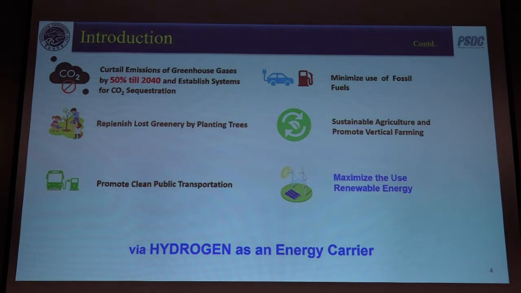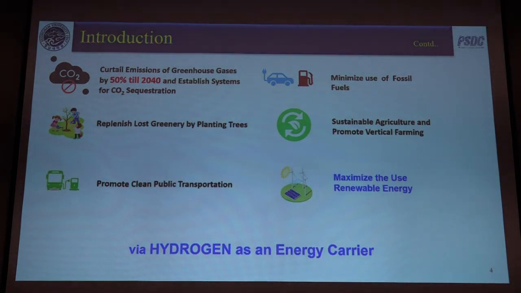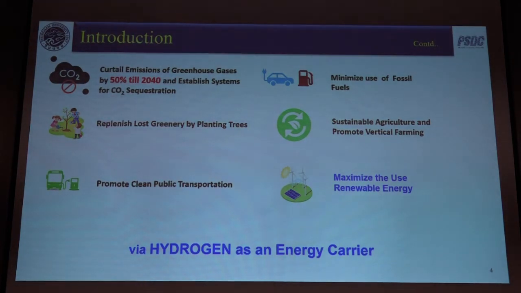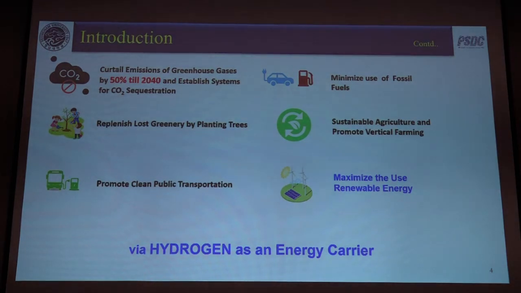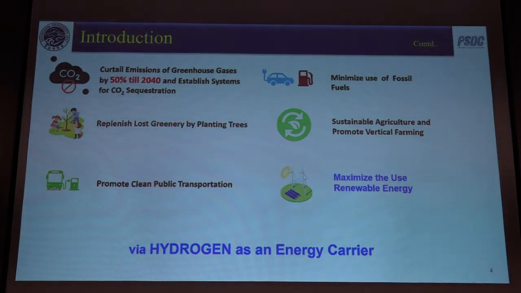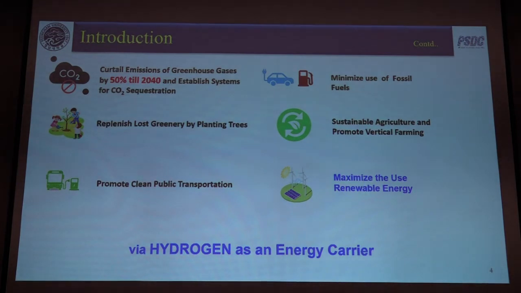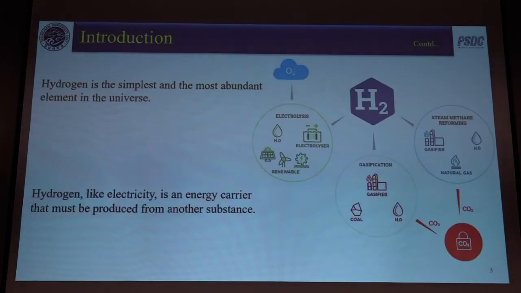There are areas in this world which are rich in renewable energy, but the utilization of energy is low. And then there are areas where utilization is high, but the production opportunities for renewable energy are very low. So in both cases, we have to transport energy, and in such a case, hydrogen is generally considered as the energy carrier.